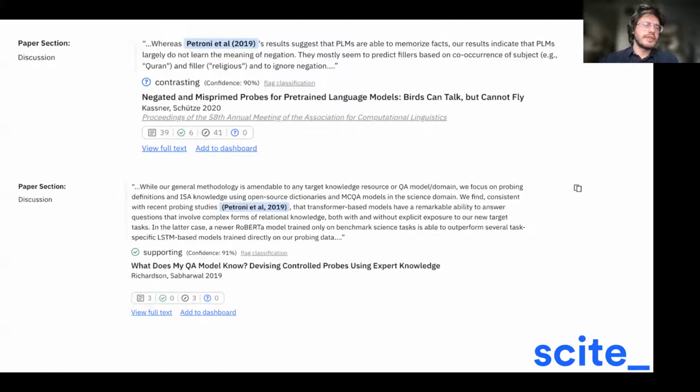And so yeah, these are just two examples. I went into the bottom one before, but here just to show a contrasting result.